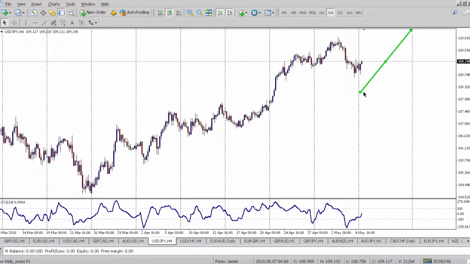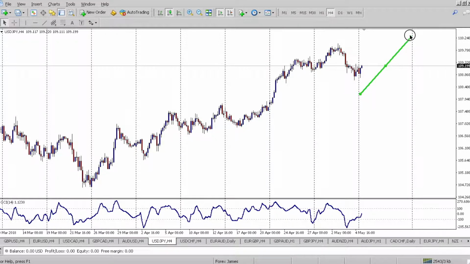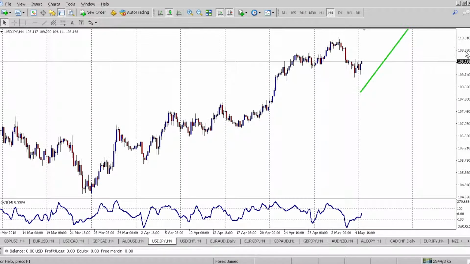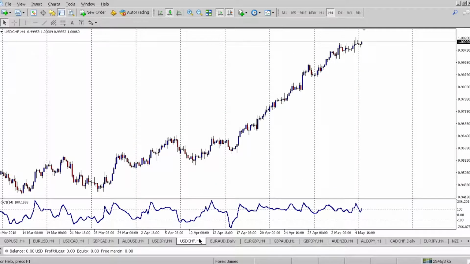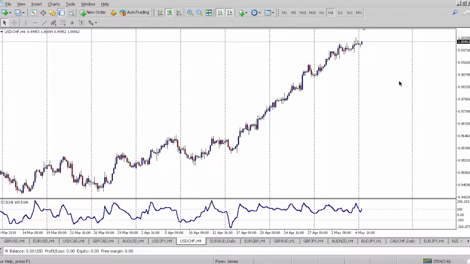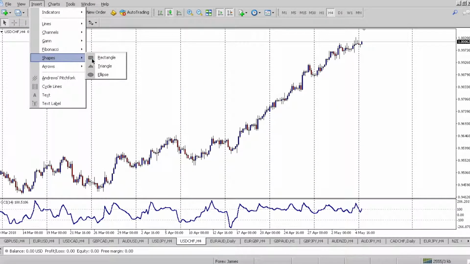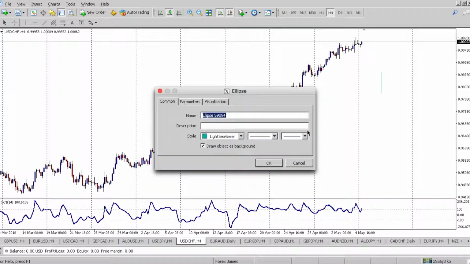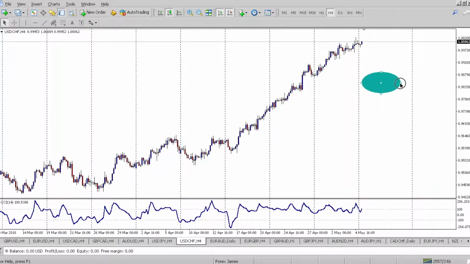All right, look for pullbacks. That's what I'm going to do. Dollar franc. Wow. I'm not going to short this anytime soon, so I'm just going to wait for pullbacks here.